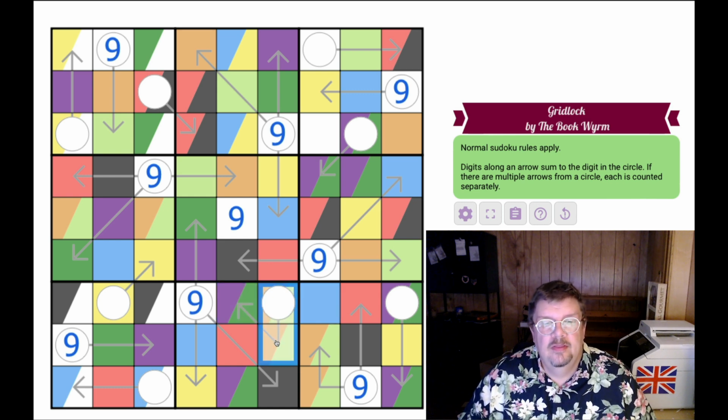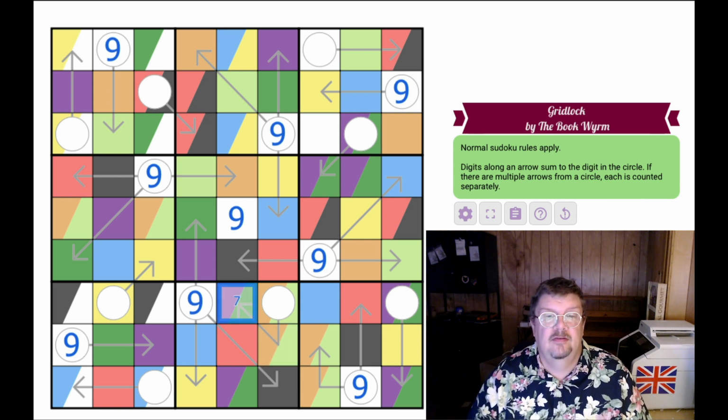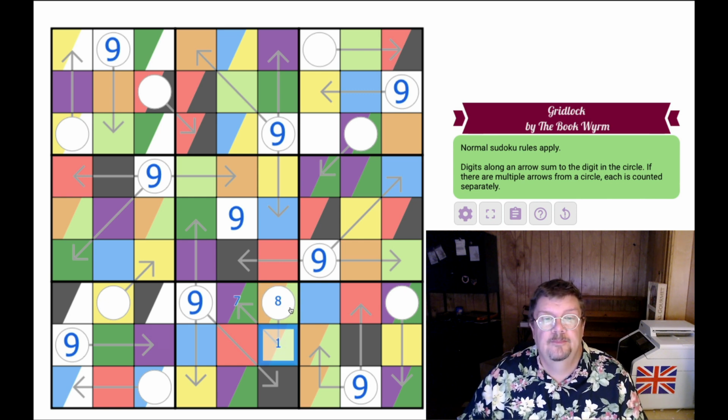Okay, this arrow is, we know that orange and light green sums to 9. And this digit is bigger than this digit. So that could be 8 and 1, in which case what I need to add to 1 to get 8 is 7. So that could be a 7. So that could be 8, 1, 7.